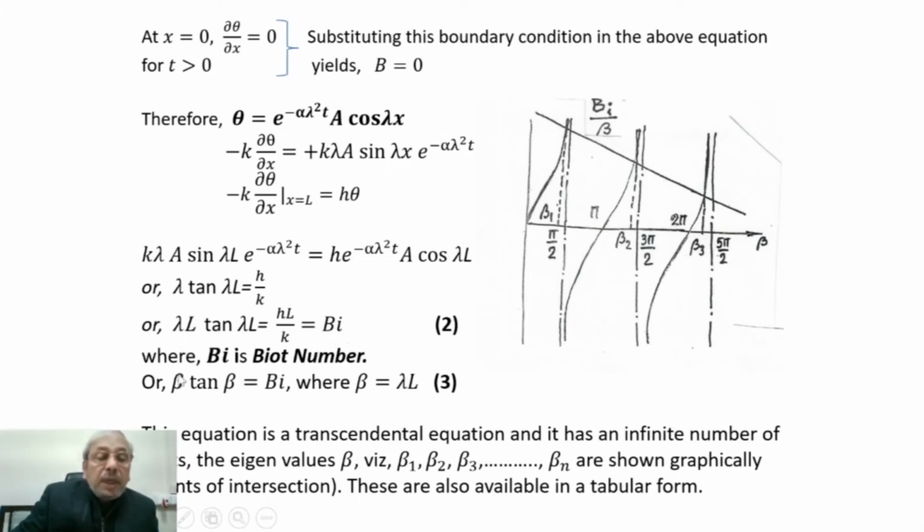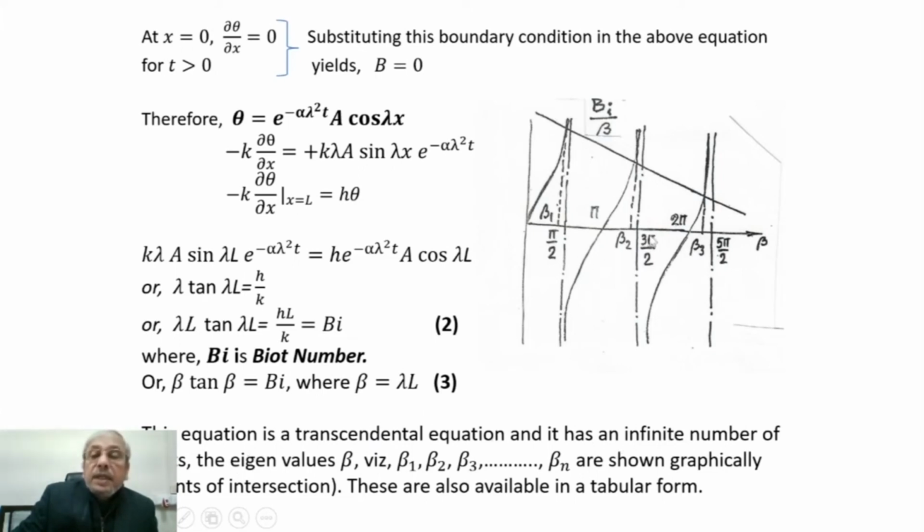Now from here we can write beta tan beta equal to Bi, the Biot number, where beta is lambda L. So this is our final equation, equation 3 we can say now: beta tan beta equal to Bi, where beta is lambda L. This equation is a transcendental equation and it has an infinite number of roots.